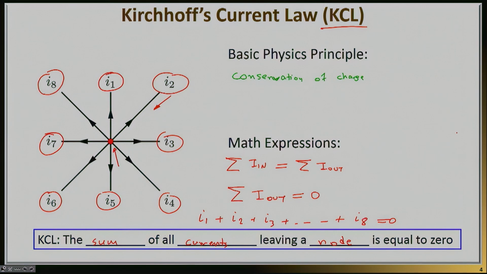The benefit of applying KCL, as I'm showing you here, meaning by saying that the sum of all currents leaving a node must be equal to 0, is that if you apply this every single time consistently, you will dramatically reduce the number of mistakes you will make, versus always trying to think, oh, do I take this current as inward or outward? Do I write sigma I in is equal to sigma I out?